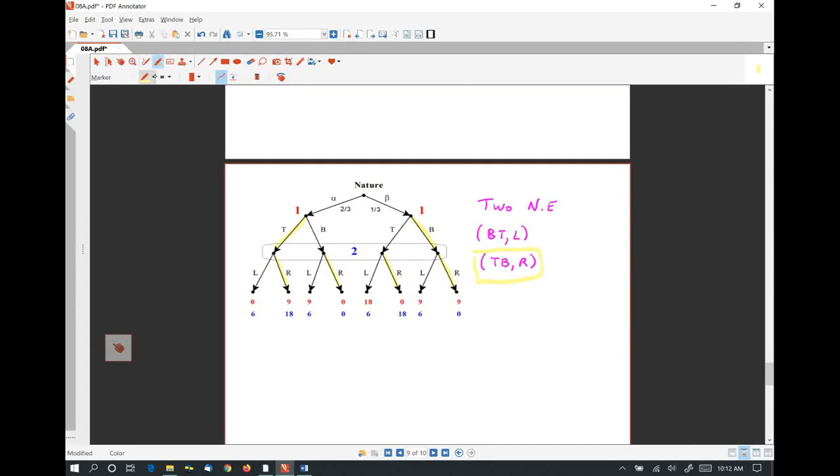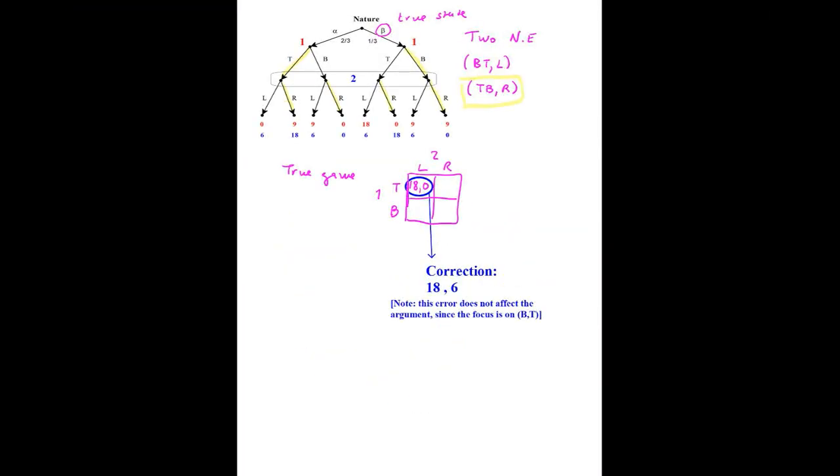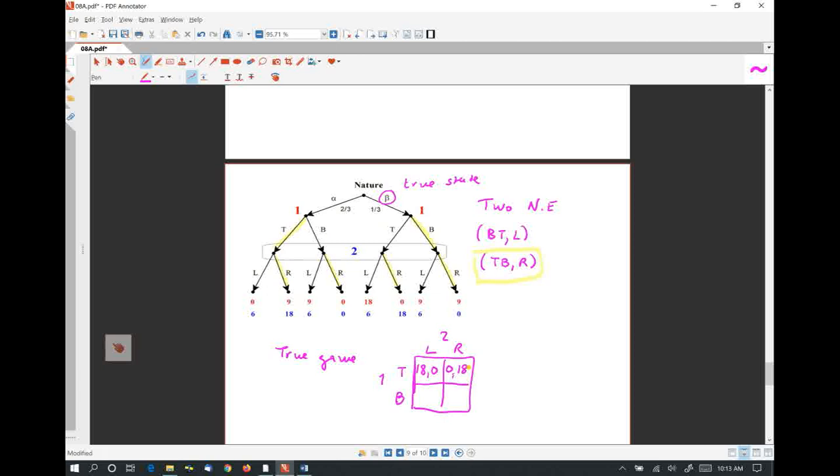We designated before state beta as the true state, meaning that the true game, the game that they are actually playing, is the game associated with state beta, where the payoffs are from TL 18 0, from TR 0 18, from BL 9 6, from BR 9 0.